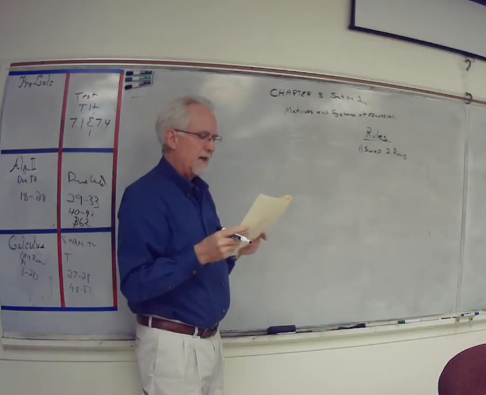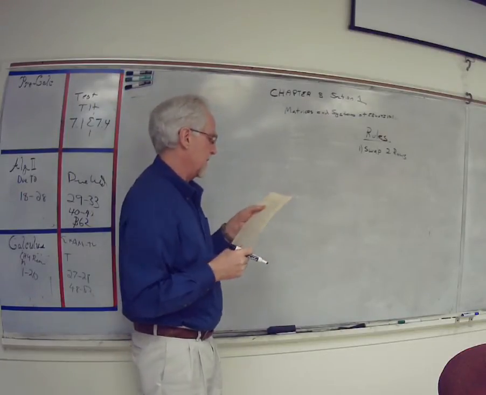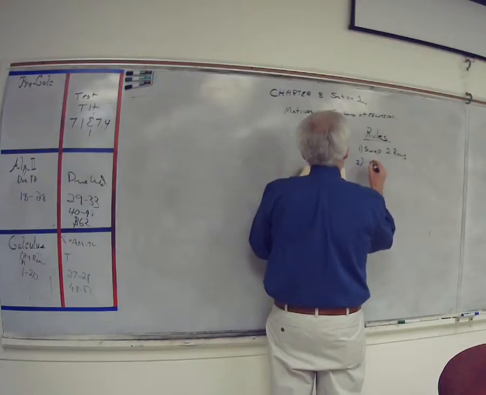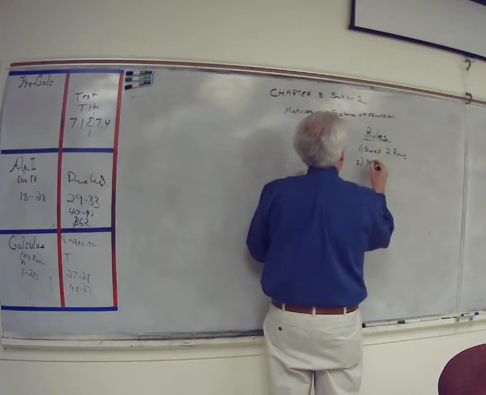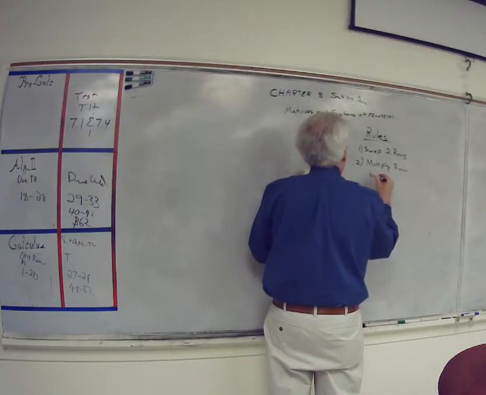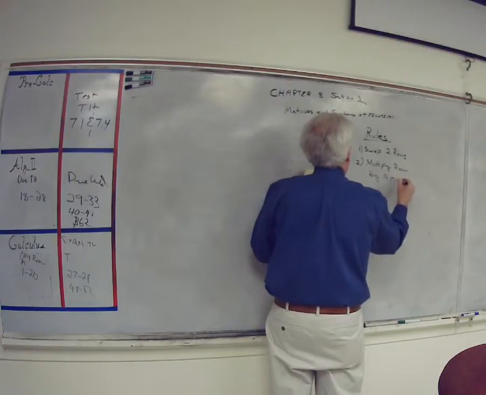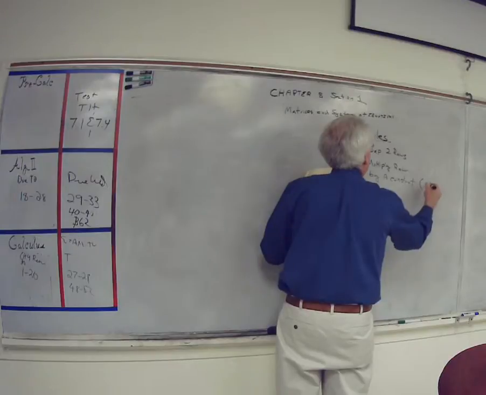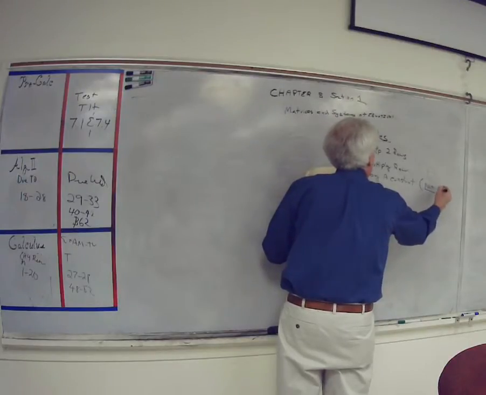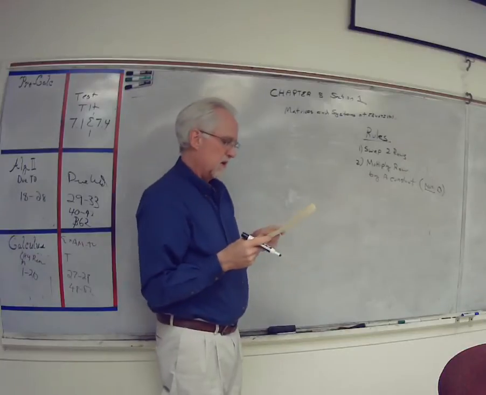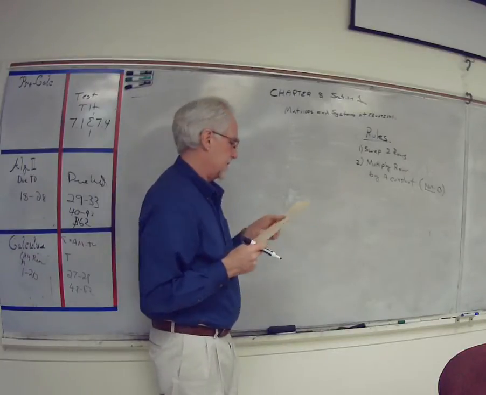You'll see why that's a neat thing to do. Sometimes that will help you. Number 2, you can multiply a row by a constant, as long as it's not 0. So you can multiply a given row all the way across by any number you want except 0.